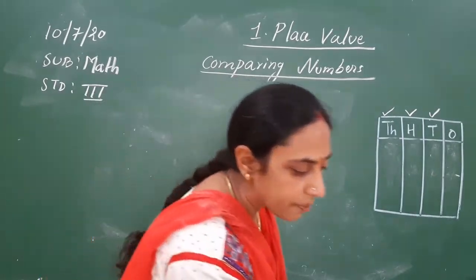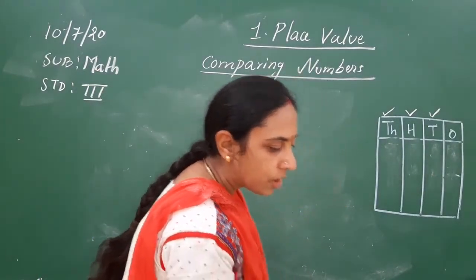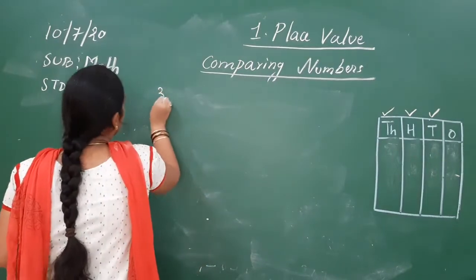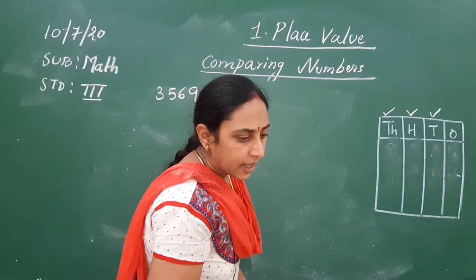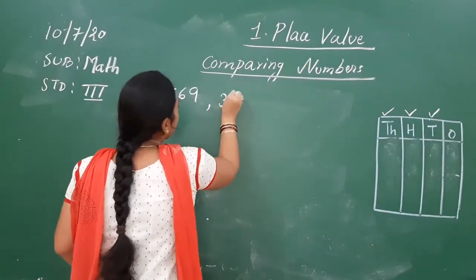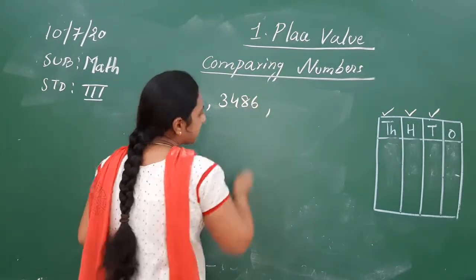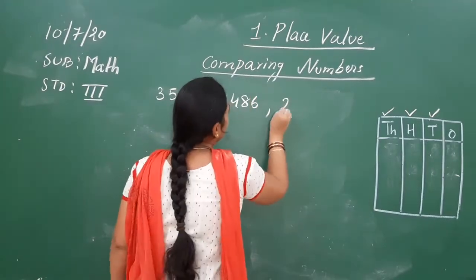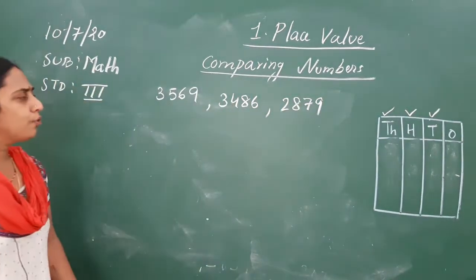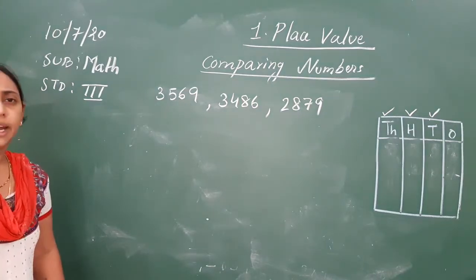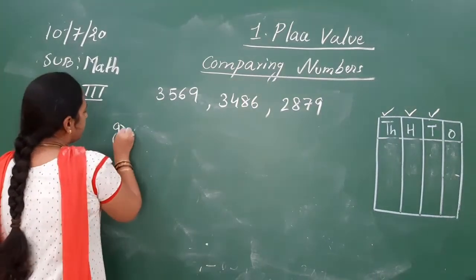So let us do something from the textbook. 3569, 3486, 2879. Now we have to find out the greatest number.